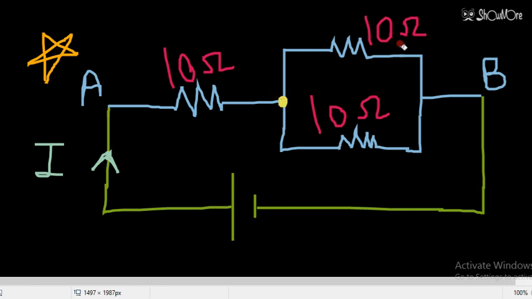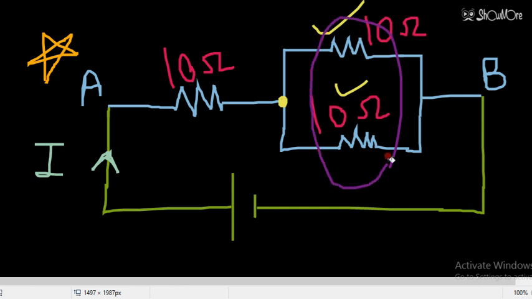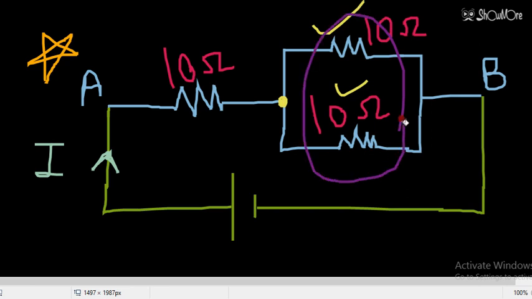So that means these two resistances are in parallel combination. We have to combine these two resistances and make one from them.